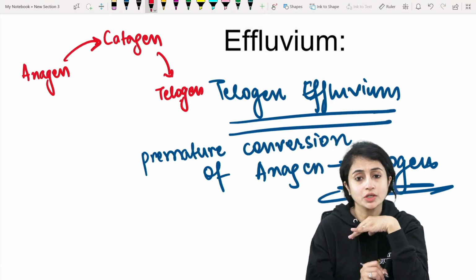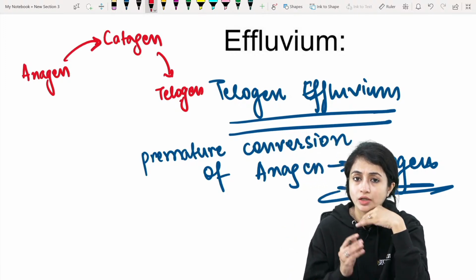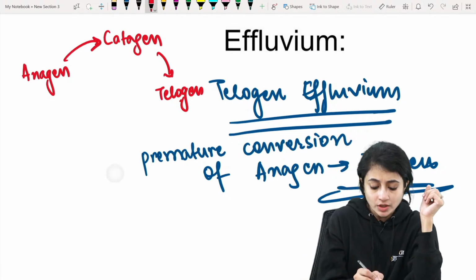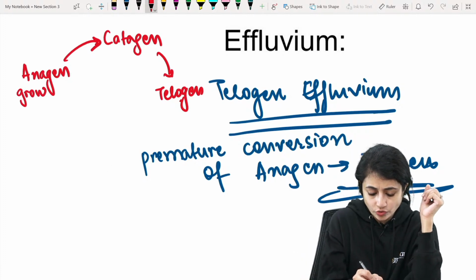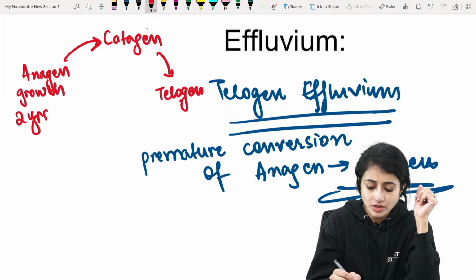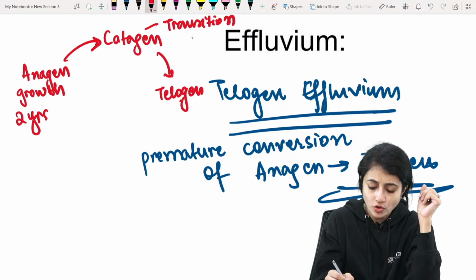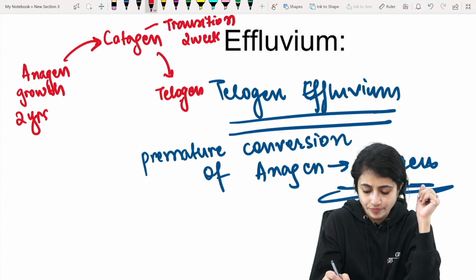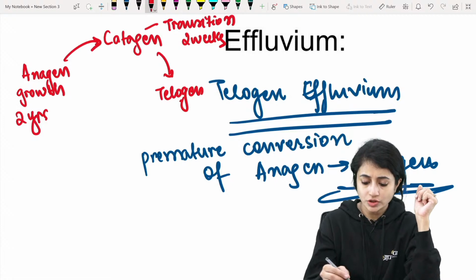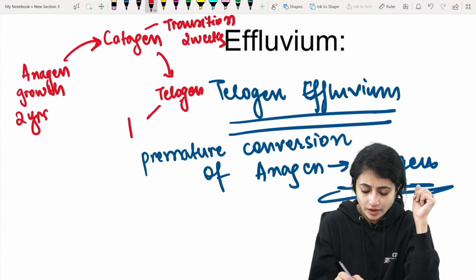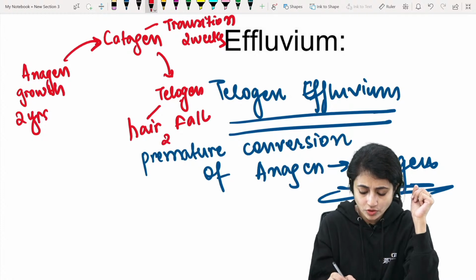So telogen hair is the stage of hair falling. Now anagen, as I said, is a growth phase. It lasts for 2 years. Catagen is a transition phase and it lasts for 2 weeks. Telogen is a phase of hair fall and it lasts for 2 to 3 months.